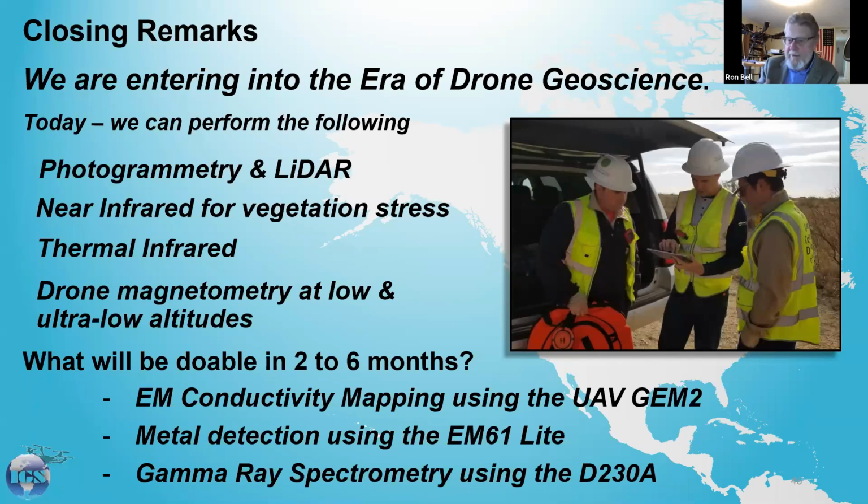In the coming months, what I expect to be doable is EM conductivity mapping. In fact, I have a plan to go back down to the Crestone crater, use the EM system that I have, the GEM2, and actually map the conductivity variations. And because of the nature of the sensor, I can also map the magnetic susceptibility variations in the near surface sands and material.